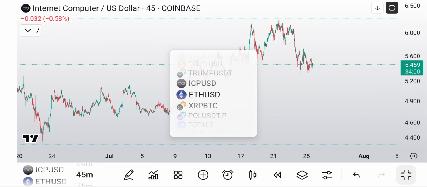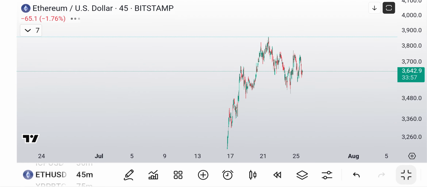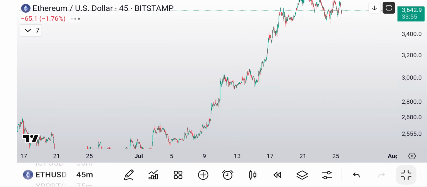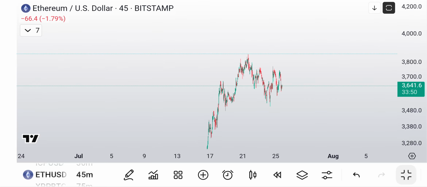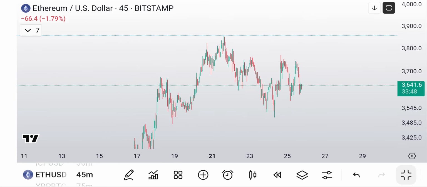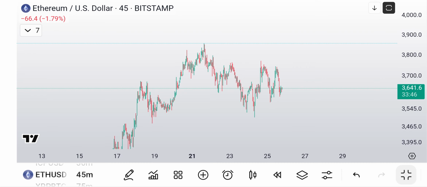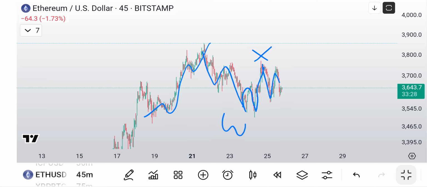So Ethereum will be the big one. Yeah, Ethereum just looks so extended. Okay, so if the fifth wave ended here, and this is 3 down, W, and this right here is 3 up, well, it looks small, X, and then this is 3 down.